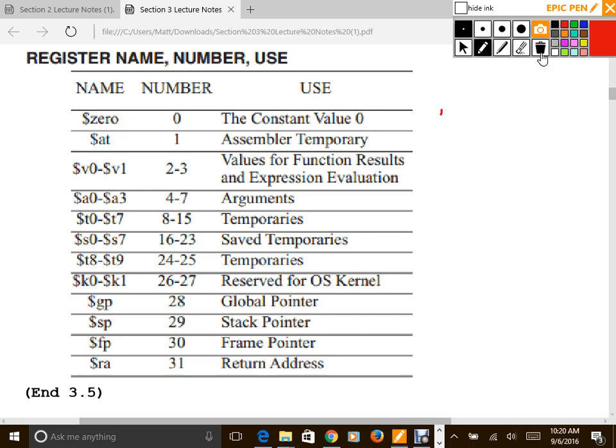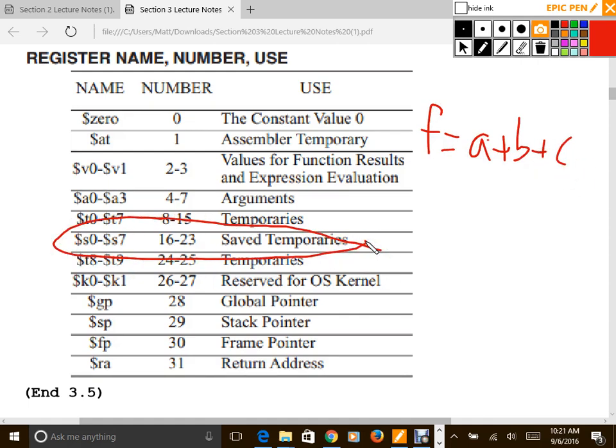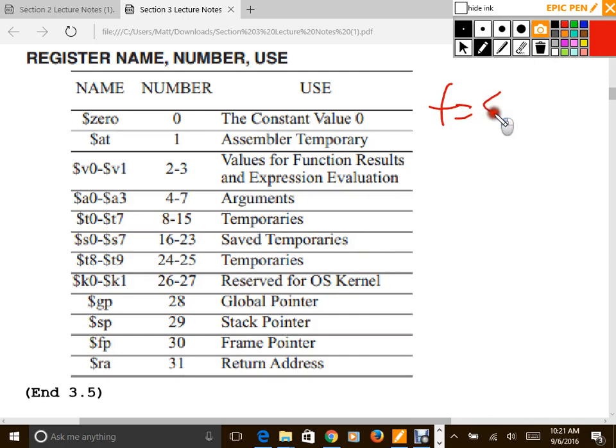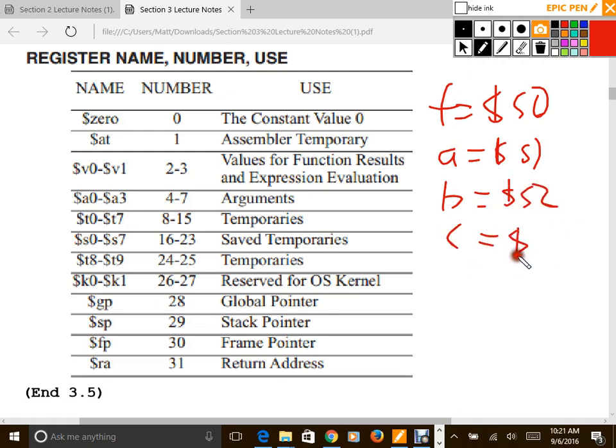So let's say I have some code, f equals a plus b plus c, and the saved registers refer to actual variables, right? So f is going to be s0, a is s1, b is s2, and c is s3, and we're adding these three together.